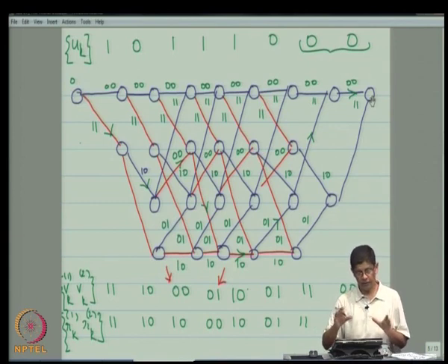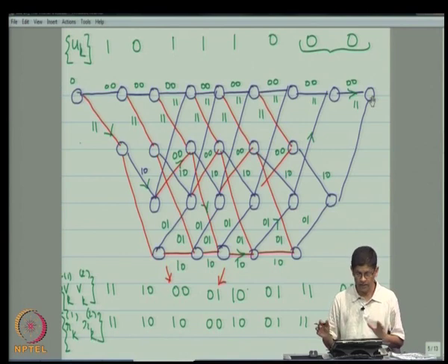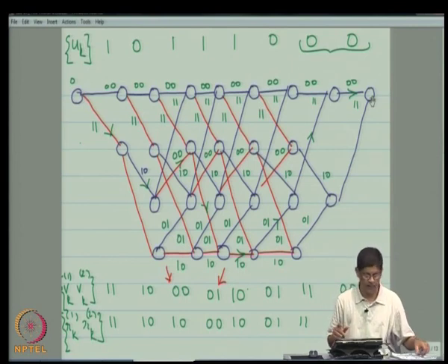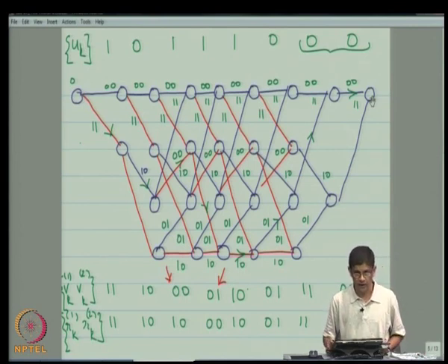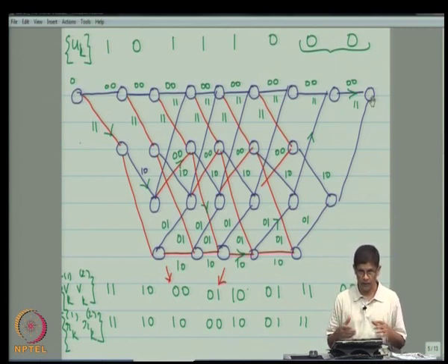Now for reasons that will become apparent only later, we are not really interested in all code words, because our goal is to do some path enumeration for two purposes. One is to say something about the Hamming distance properties of the convolutional code, and secondly to do some performance analysis, that is, to develop bounds on the probability of error of a convolutional code. So these are our two goals right now.